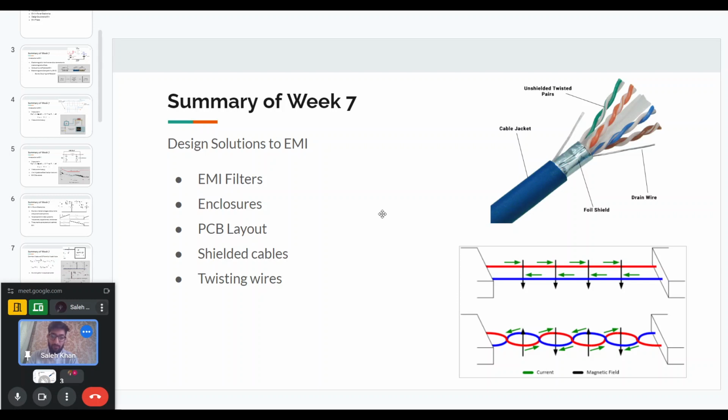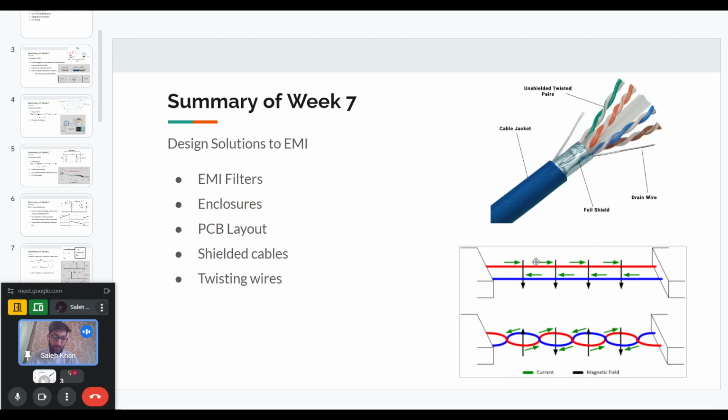This is not the insulation we are talking about. It is a metallic, flexible shield, which will limit the interference that can go into these wires.